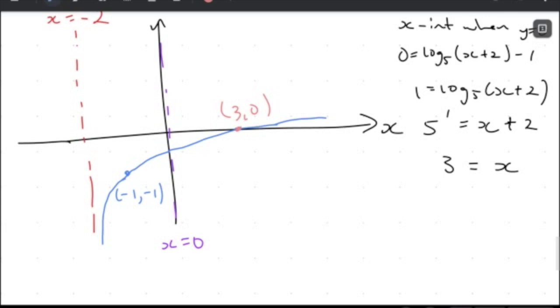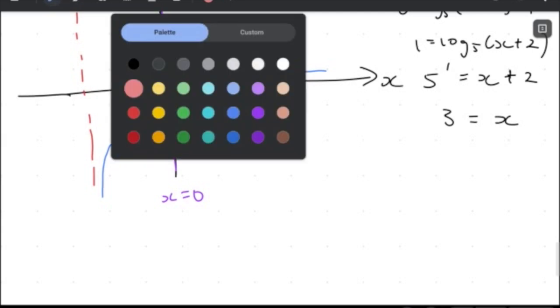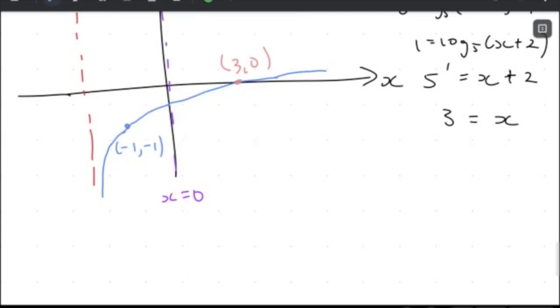Now, we can find the y-intercept as well, but to do so, it's going to require us to use something that we're going to do later in this course. I'll show you what we're going to be doing, but I'm going to more formally introduce it in a later video. Let's find the y-intercept, which we find when x equals 0.